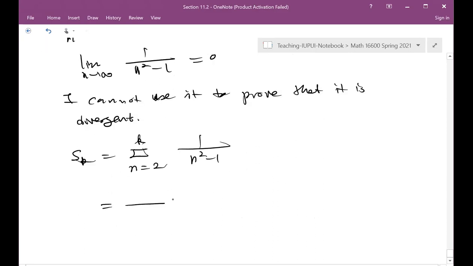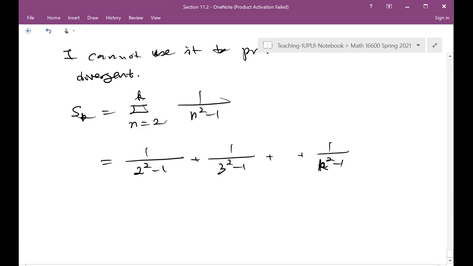Well, the partial sum is going to be 2 squared minus 1, 3 squared minus 1, and the last term is k squared minus 1. Is there any way I can combine them?